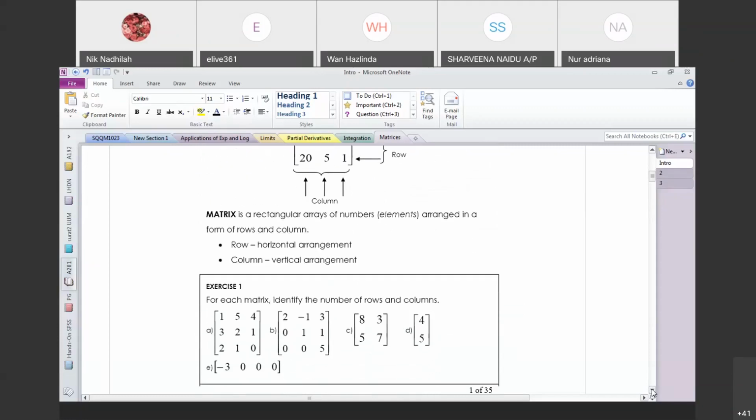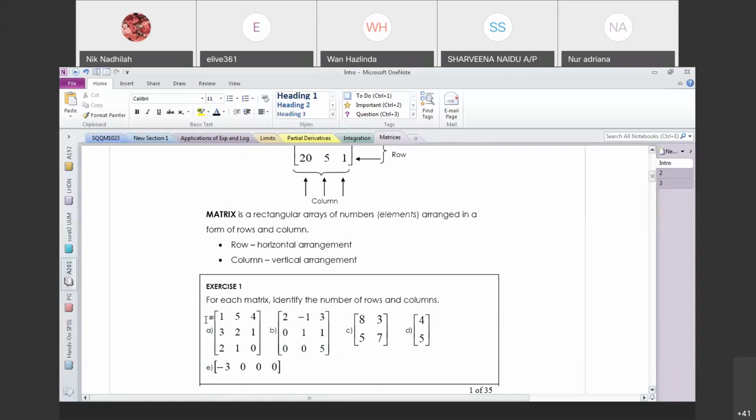We have a question in exercise 1. For each matrix, identify the number of rows and columns. Well, in A, there are 3 rows and 3 columns. The same for B. And then in C, we have 2 rows and 2 columns. We read by row first, only then by column.